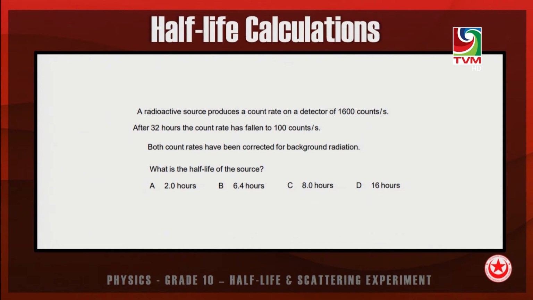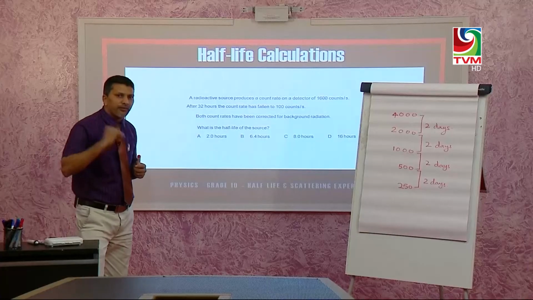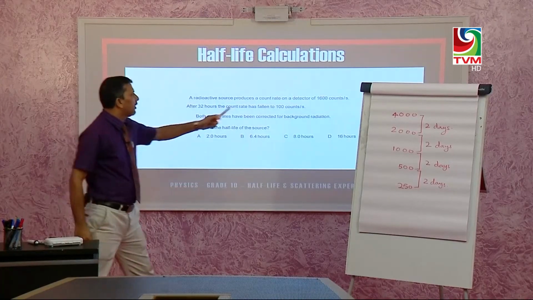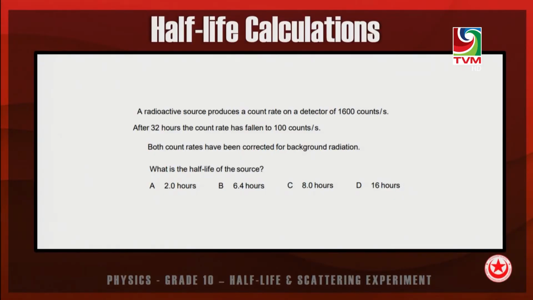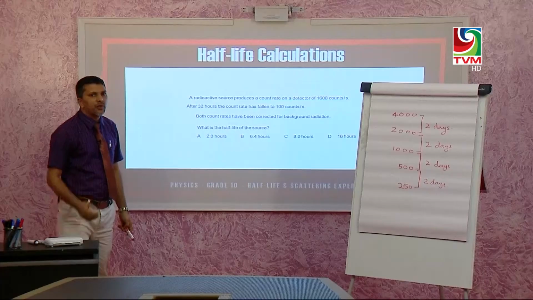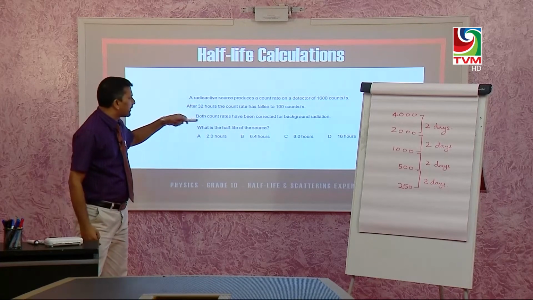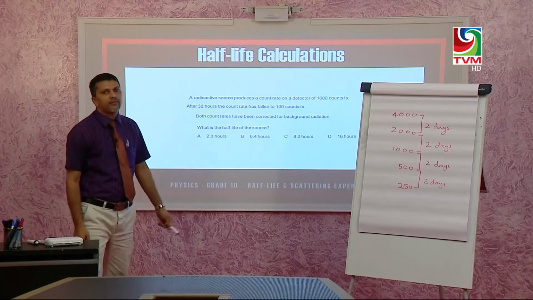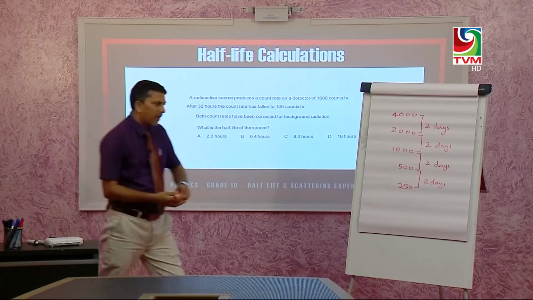Then what is the half-life of the source? In this question we want to find the half-life. They gave 1600 counts per second in the beginning, and finally it is 100 counts per second. The total time taken is given as 32 hours. From this information we have to find the half-life of the source. So again we can start.